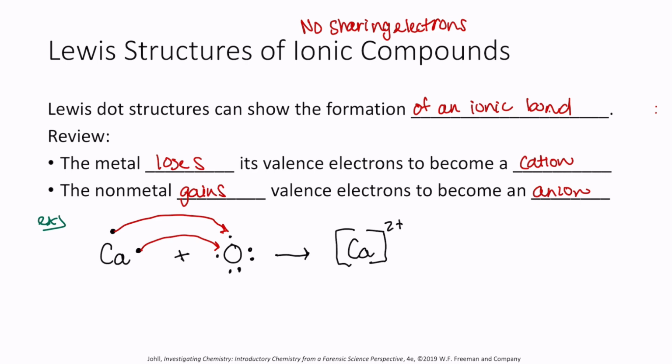Now, oxygen accepted those two electrons, so it's going to have a total of 8 electrons around it now, which will result in a 2 minus charge. This right here is the Lewis structure of calcium oxide. Calcium oxide is an ionic bond.